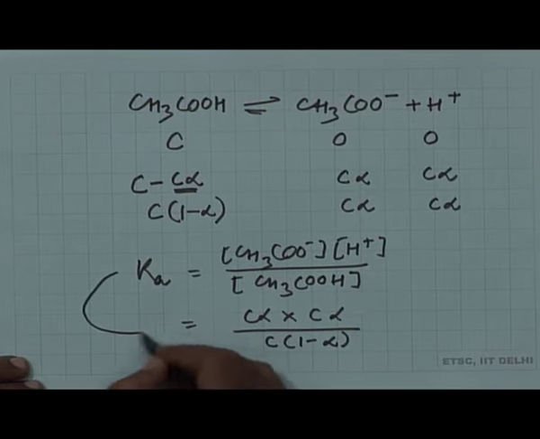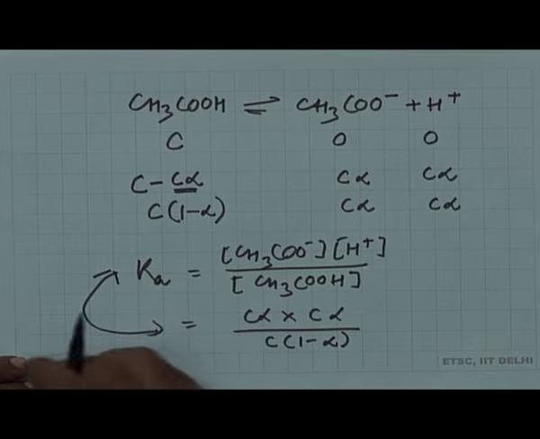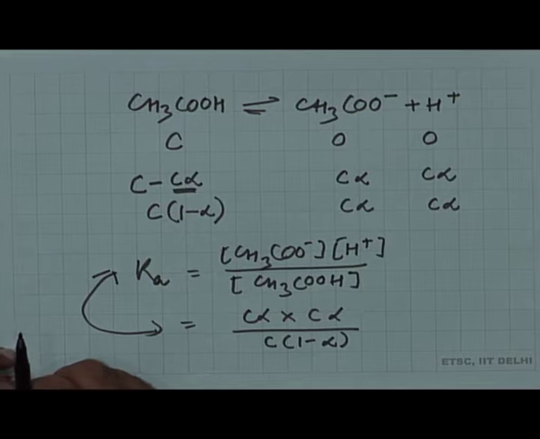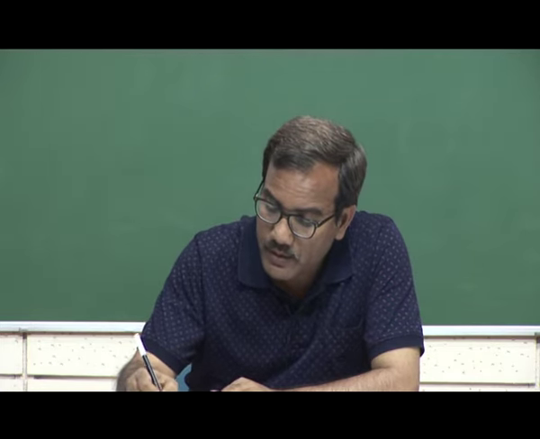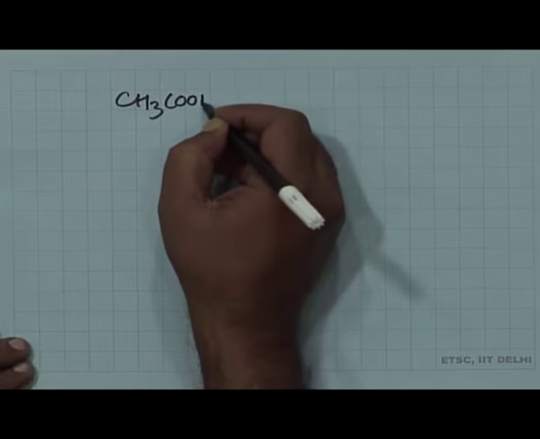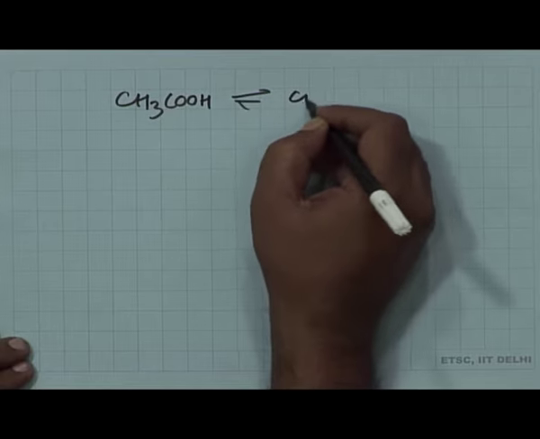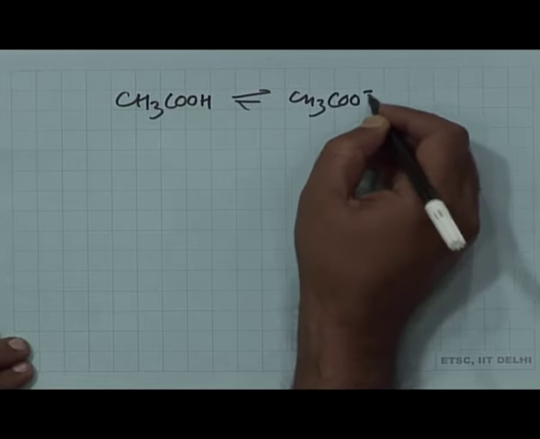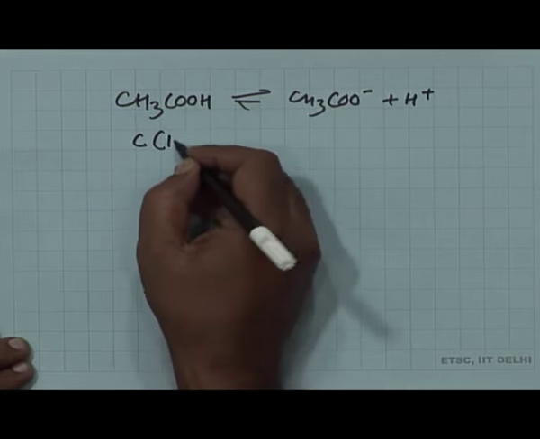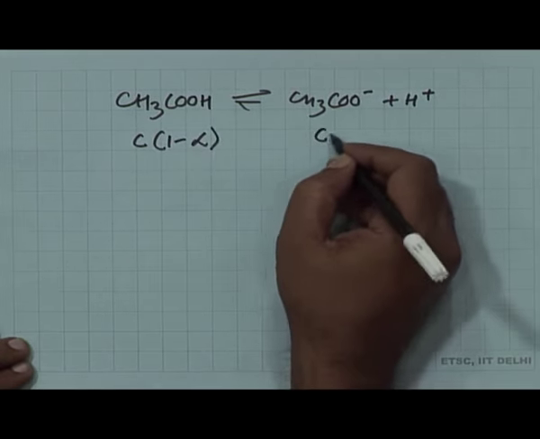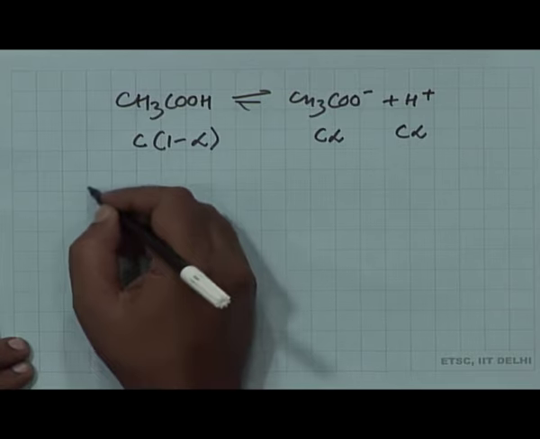So, we can express Ka in terms of alpha, the degree of dissociation for acetic acid. Let us again write this equation: CH3COOH giving CH3COO minus plus H plus, what you are left with is C(1 minus alpha), and here you will get C alpha, C alpha.